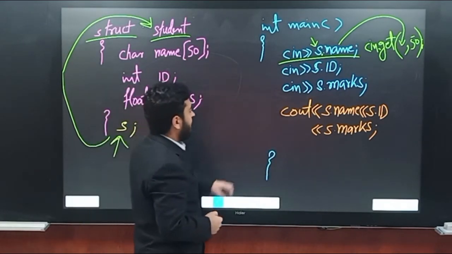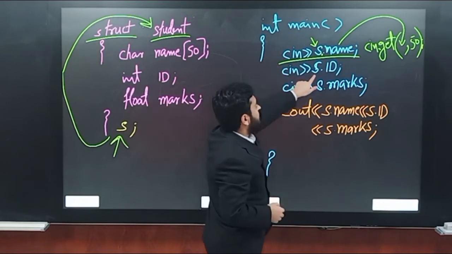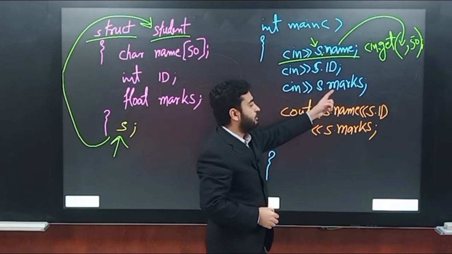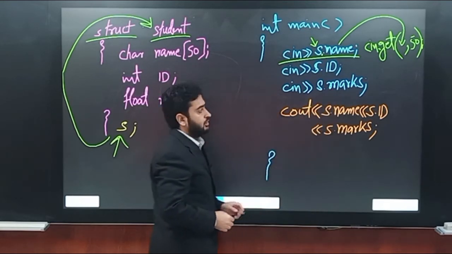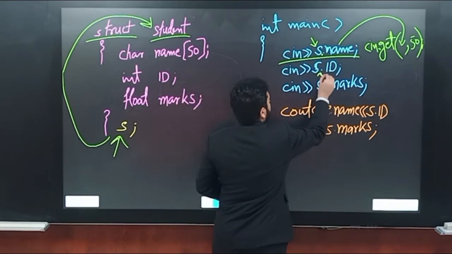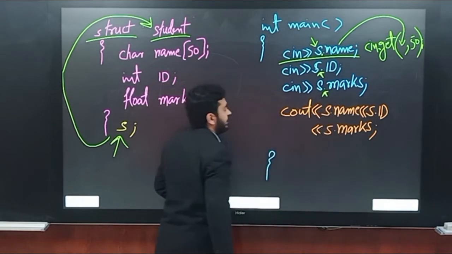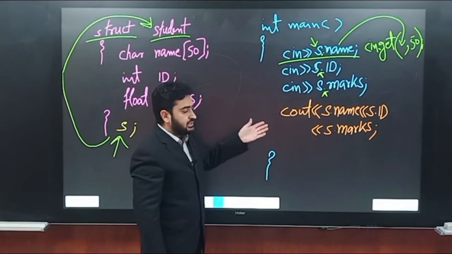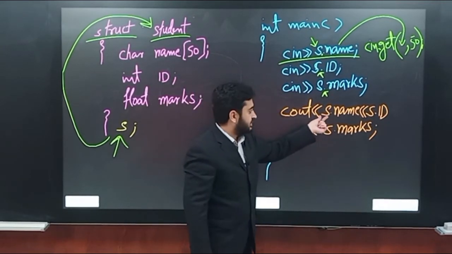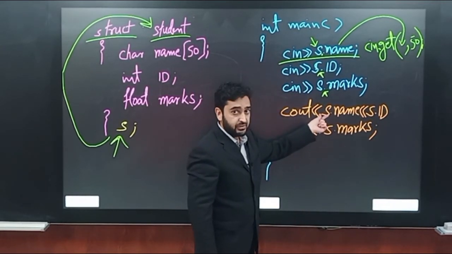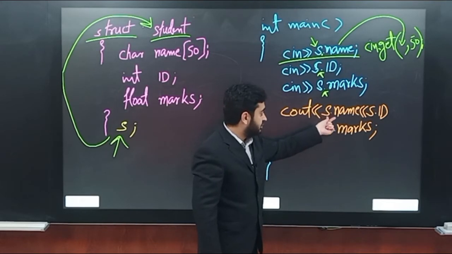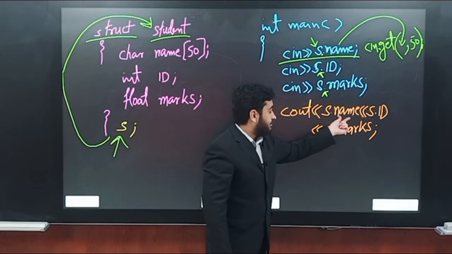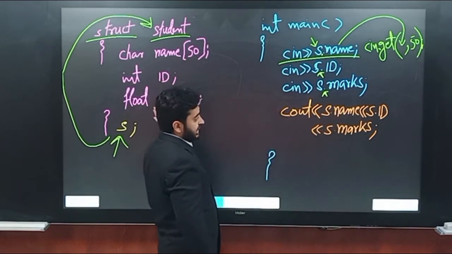In the second statement we are going to input the ID from the user. In the third statement we are going to input the marks from the user using s dot operator. In a similar way, we print out the values by accessing the name of the variable, dot operator, and then the variable declared inside the structure.